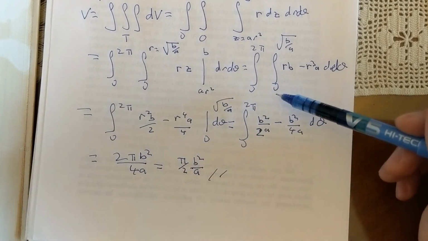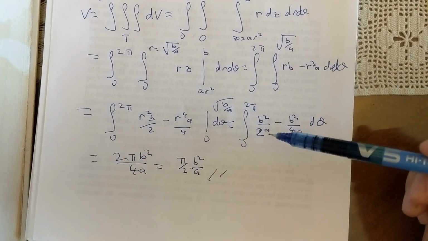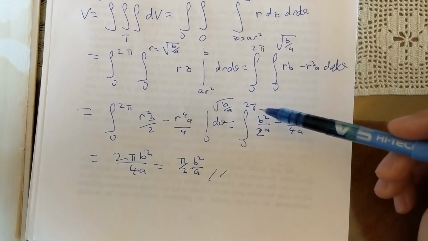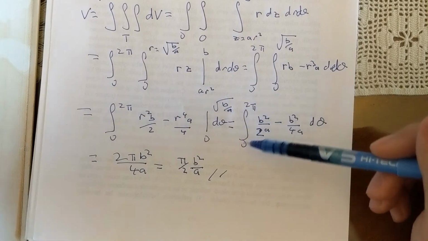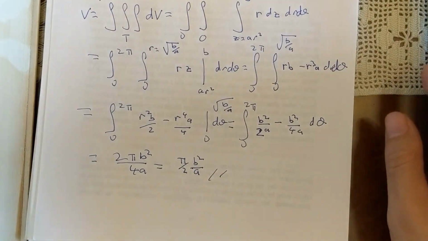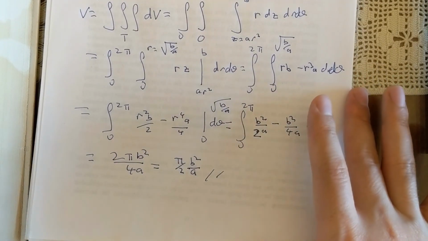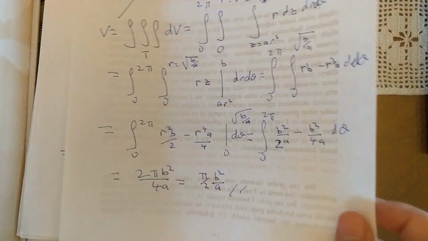And the limits were from 0 to the square root of b over a. I plugged it in, you get this, and then integrate with respect to theta, plug in 2 pi, and lo and behold, we get pi over 2 b squared over a. That's going to be the volume. Okay, so this was a cylindrical example.